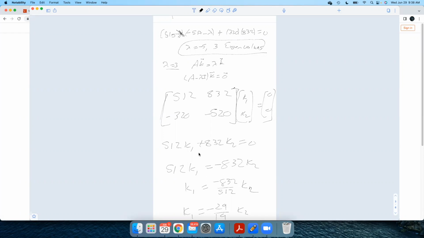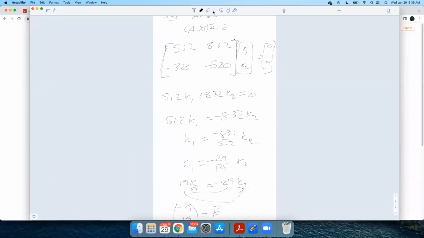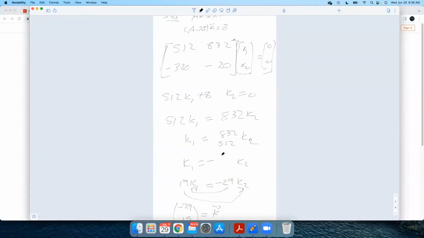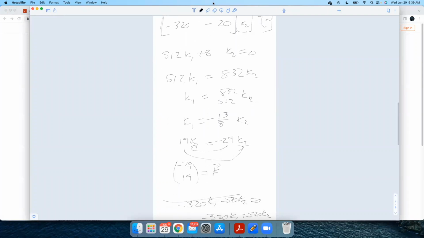We don't solve for K1 and K2; we find values for K1 and K2 that satisfy this. You get one equation from the top and one from the bottom. You use either one, but it's good to check both to make sure you haven't goofed like I did. So this should have been 13 over 8, negative, of course. Oh, so now I got to fix all of this.